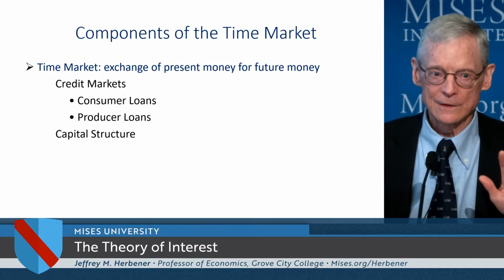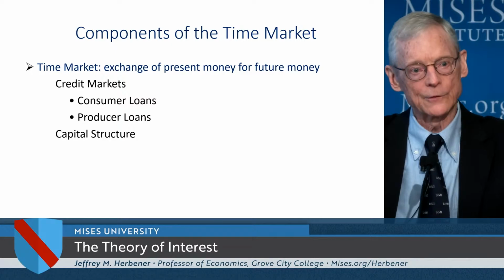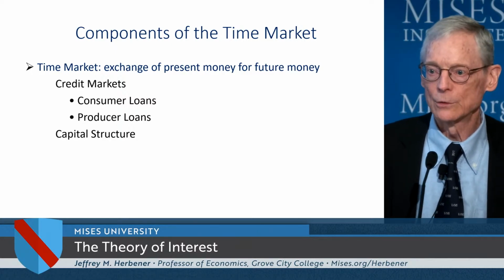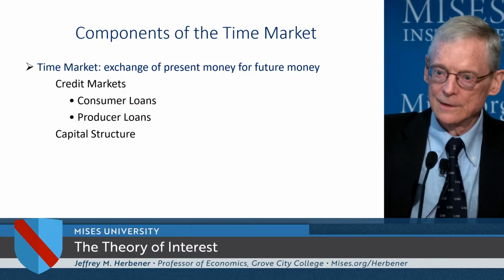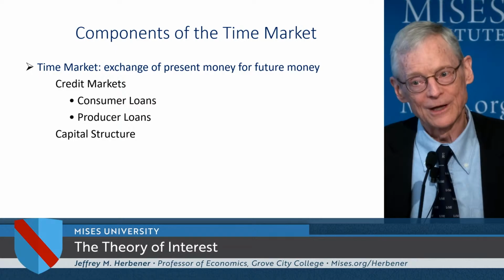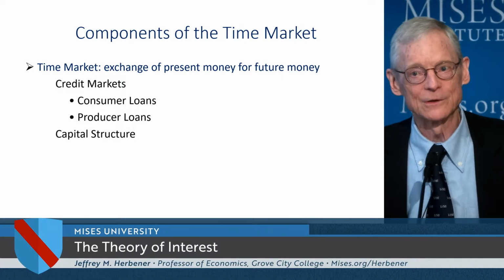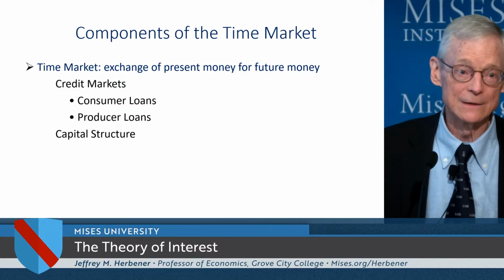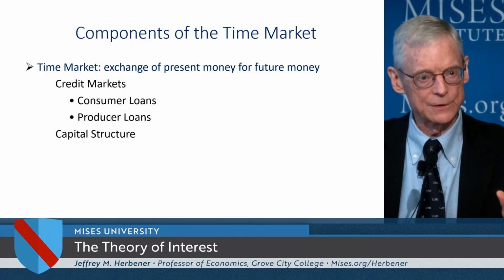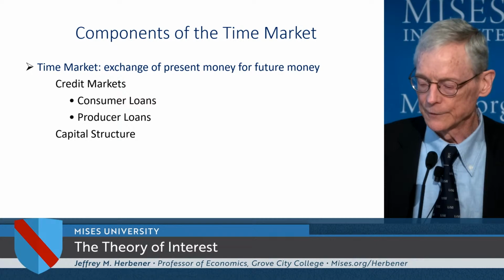You can see how this would now affect the entire structure of capital investment, moving toward longer, extended capital structures, which, if we're not saving and investing sufficiently according to our time preference, will not be sustainable in the market. And so this is the implication that you'll see again later this morning.